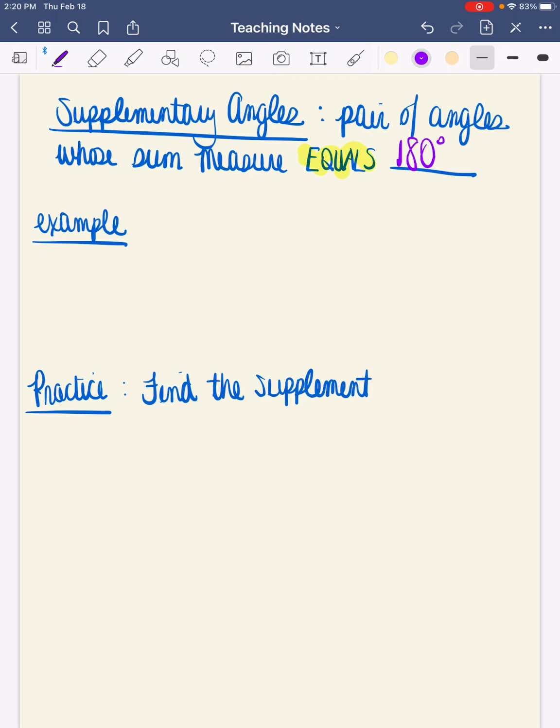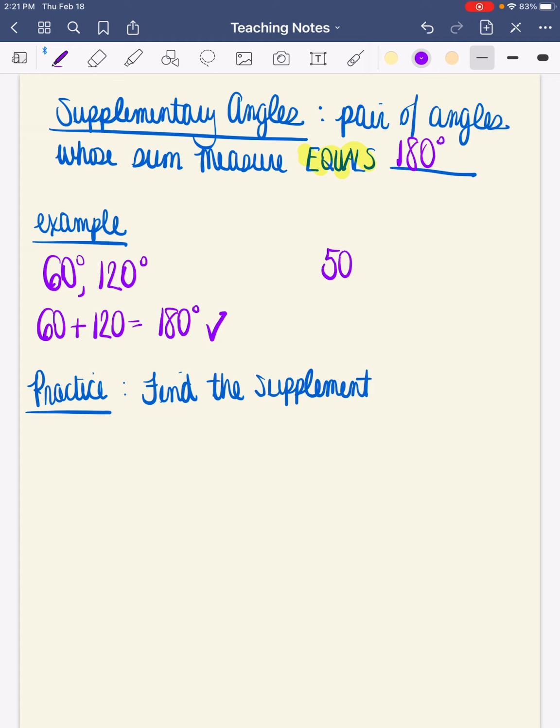So to look at an example there, if I have an angle that is 60 degrees and then I have an angle that is 120 degrees, I know that when I add those two together, I need to equal 180 degrees for it to be supplementary. If I had one that was 50 degrees and then I had another that was 60 degrees, 50 plus 60 is going to equal 110, and that is not going to be supplementary.